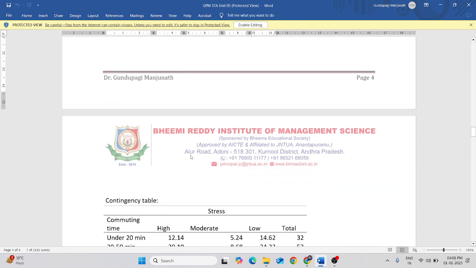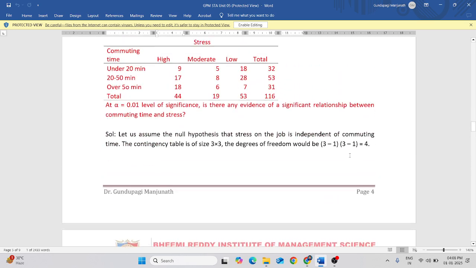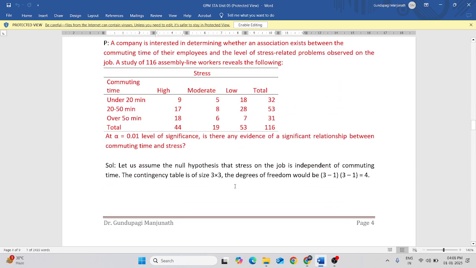Now you can calculate this manually if you have calculators. Take the row total 32, and when I am taking this row, I am taking this column, because for the high stress level I have to find this cell value.